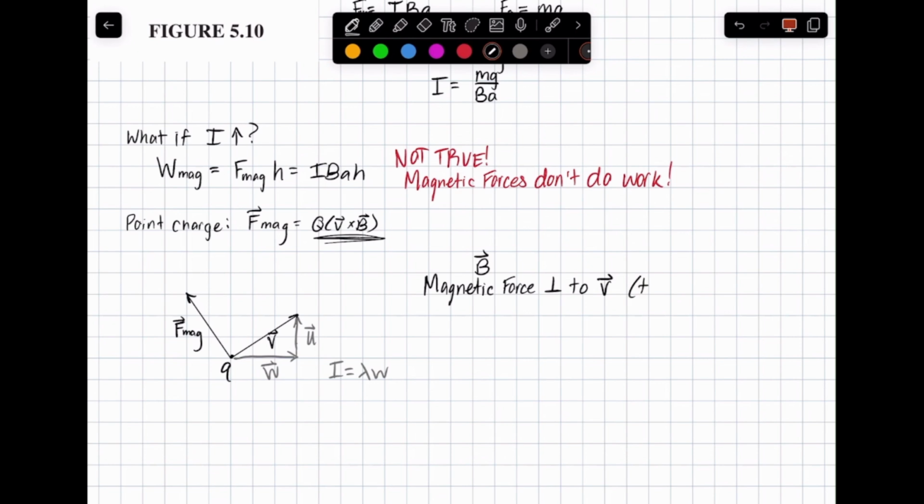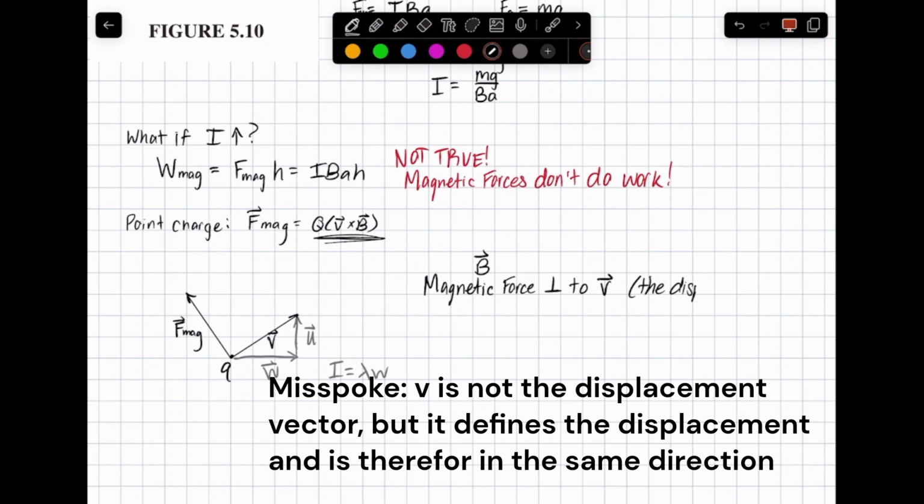And this is the displacement of the charge, right?